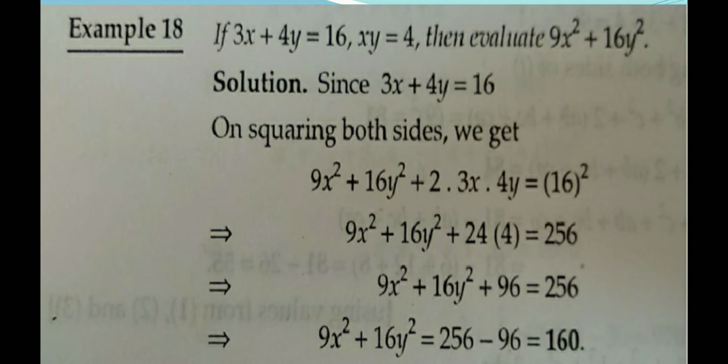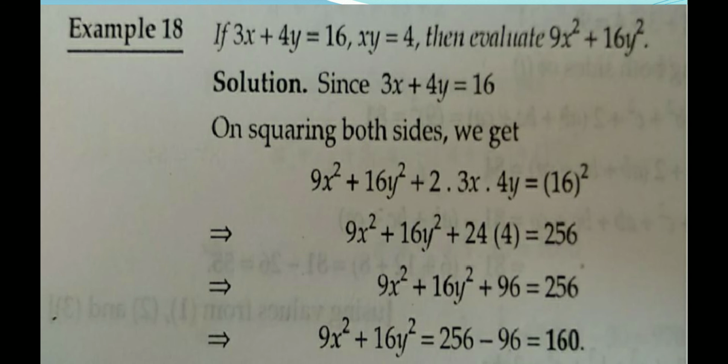So (3x plus 4y) whole square is 9x square plus 16y square plus 2 into 3x into 4y, that is equal to 16 square. So 9x square plus 16y square plus 2 into 3 into 4, which is 24, so 24xy. The value of xy here is 4.